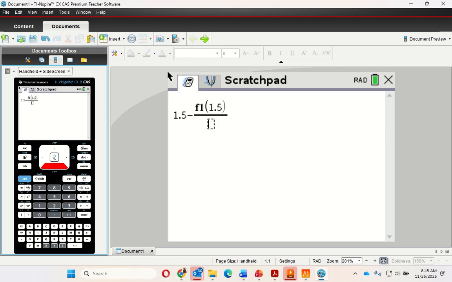And go down, vars, my second function, and I'm going to do 1.5. So this right here is going to save you a lot of headache, because after this, I'm going to get a decimal approximation. And trying to plug in that decimal over and over again is a pain. So we're telling the calculator to do it for us.